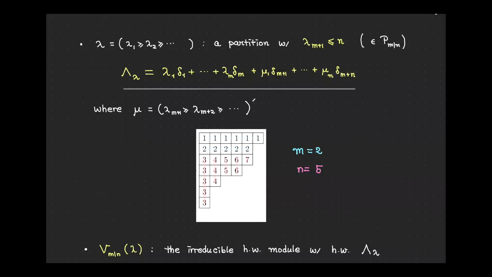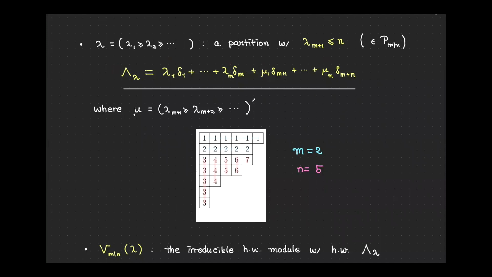Okay, so then for each hook partition, we consider a weight, say capital Lambda_lambda, by determining the coefficient of each basis vector from our partition lambda.